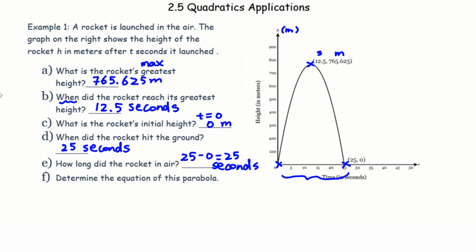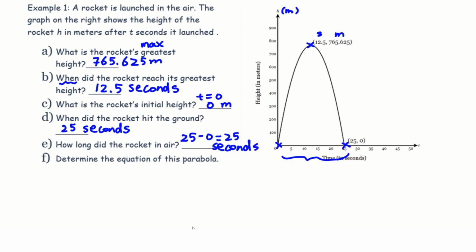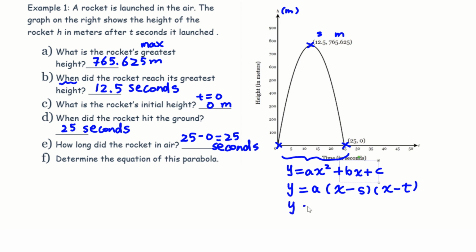In order to find the equation, we need to know the three forms. The first is y equals ax squared plus bx plus c, the standard form. The second one is the factored form, y equals a times (x minus s) times (x minus t). The third is the vertex form, y equals a(x minus p) squared plus q.